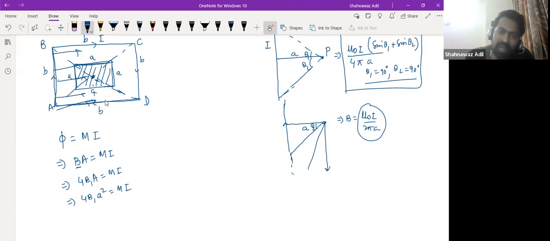We are trying to calculate the magnetic field at the center, and this total distance is b. From this to this point, the distance is half of b, so that would be b by 2, right? Clear? Is it clear, Tariq?